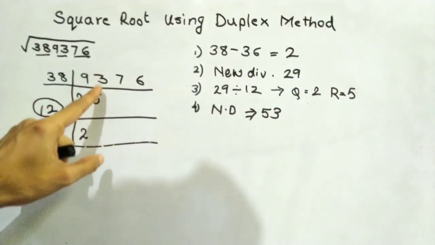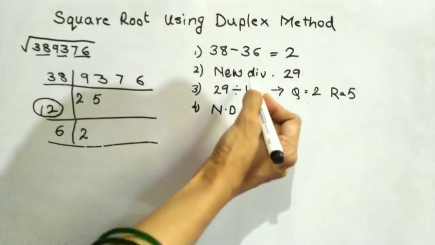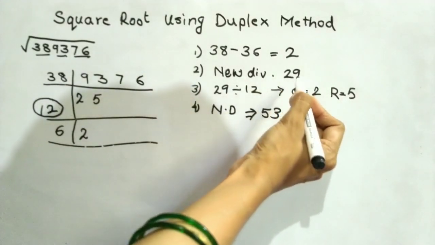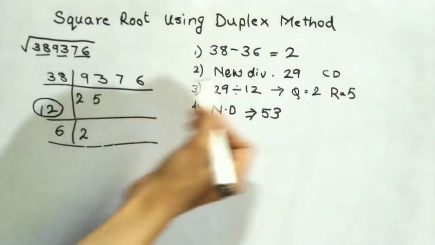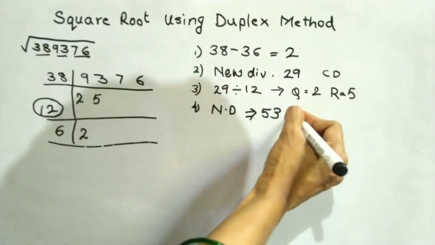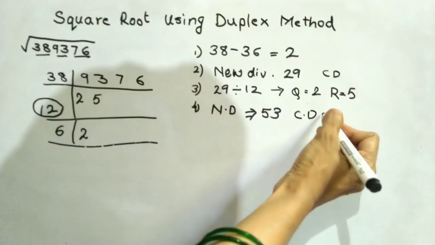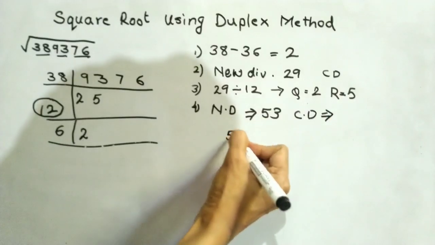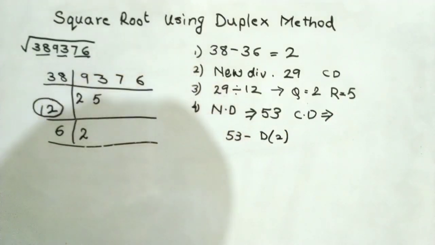Okay, this 53 is our new dividend. Now as I said, we also need something called a corrected dividend, but in this first step we need not do anything. Now in this step, when we have 2 over here, our corrected dividend will be 53 minus the duplex of 2.